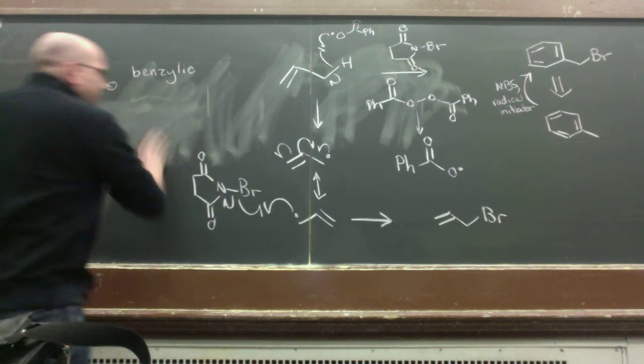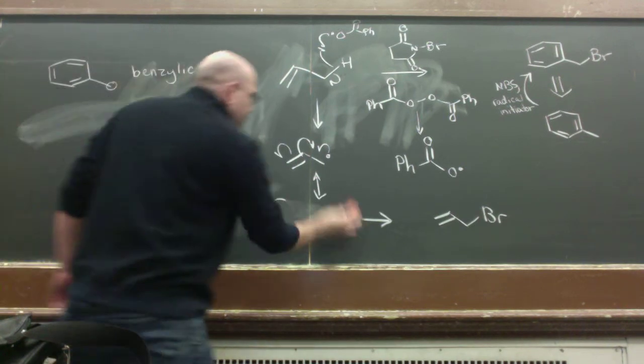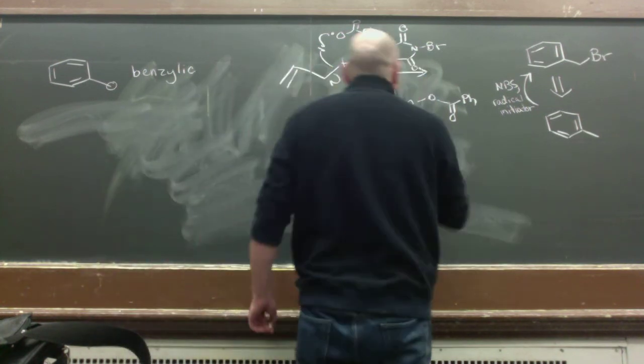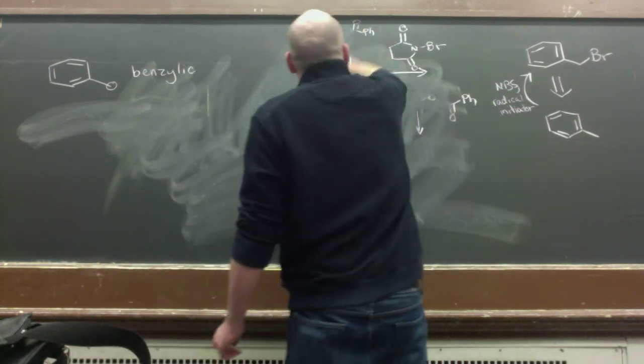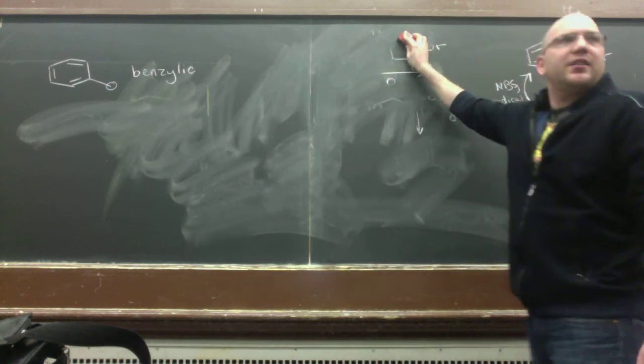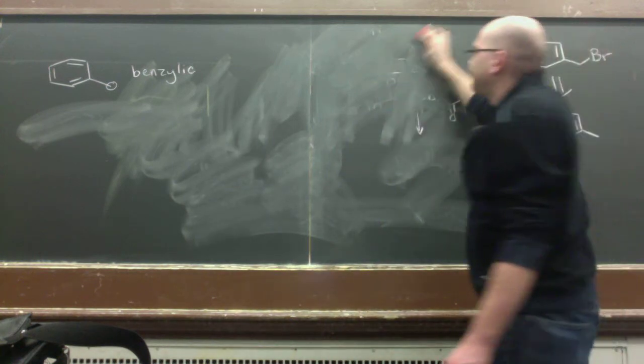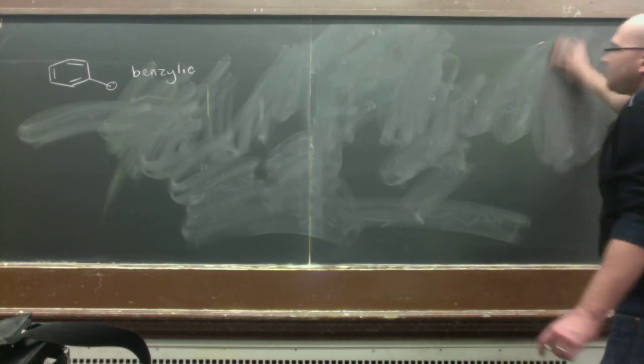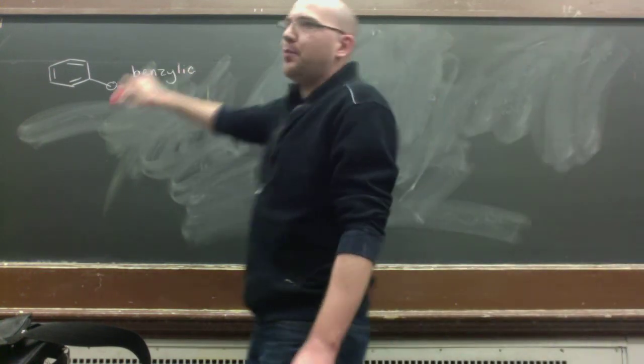Another thing about benzyl groups is that I definitely discussed this last semester. I might have skipped over it. Did I talk about benzyl protecting groups? So another benzylic advantage that you could potentially use in synthesis.